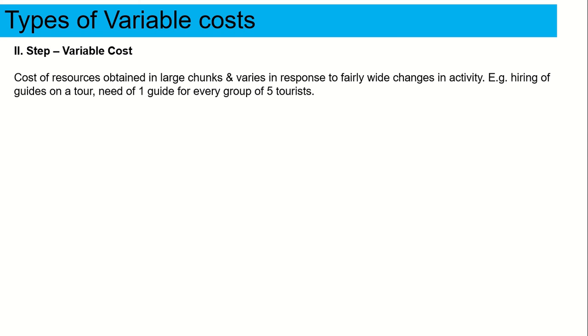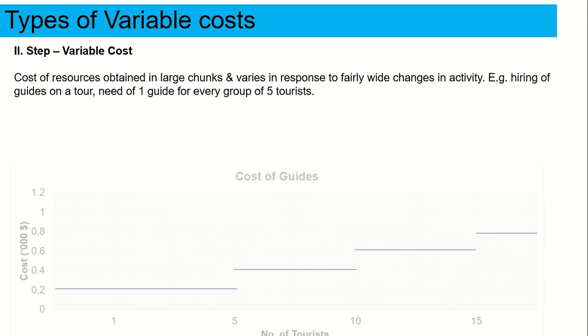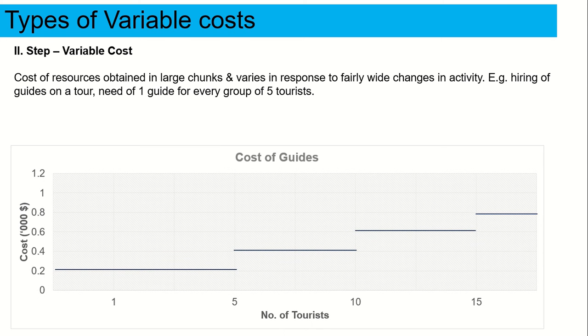Now, what is the other type of variable cost? It is the step variable cost, where cost of resources is obtained in large chunks. For example, take the number of tourists and the guides, the cost of guides for servicing the tourists. Let's say one tourist guide can attend to 5 tourists at a point of time, so up to 5 tourists the cost remains constant.